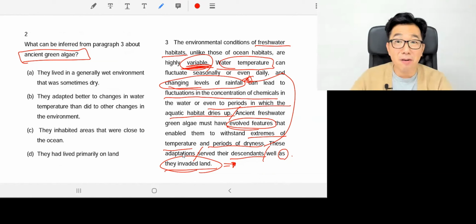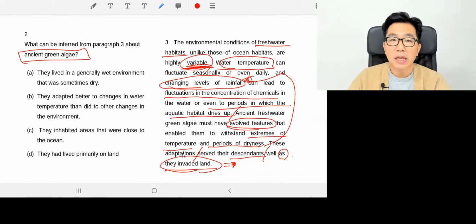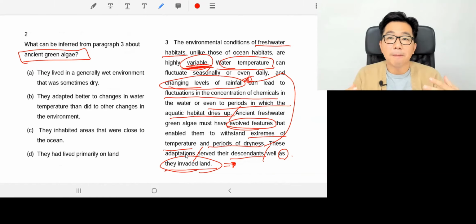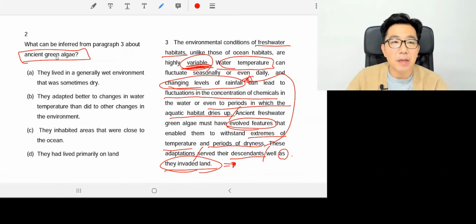So probably in the next paragraph, we will learn what the exact adaptations were. How did they evolve? What kind of features did they obtain? But let's solve question 2 first, I guess.